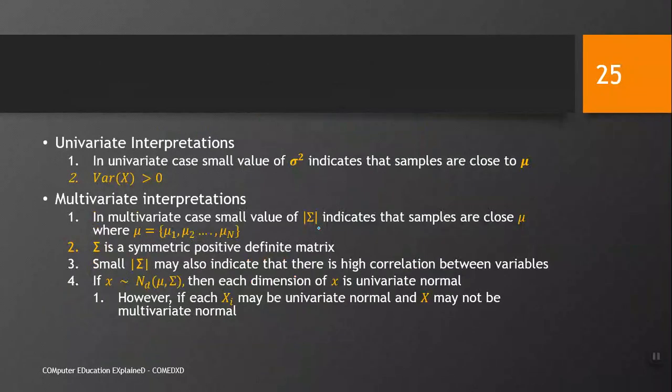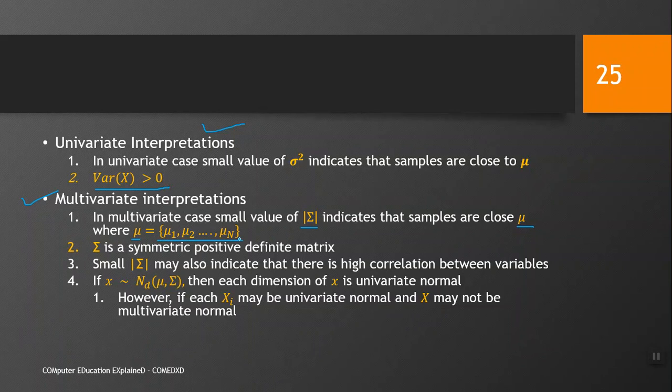Univariate interpretations. In the univariate case, a small value of variance indicates that samples are close to the mean, and the variance of x is greater than 0. And in the multivariate case, small values of the covariance matrix entries indicate that samples are close to the mean vector, where this mean vector is given by this.